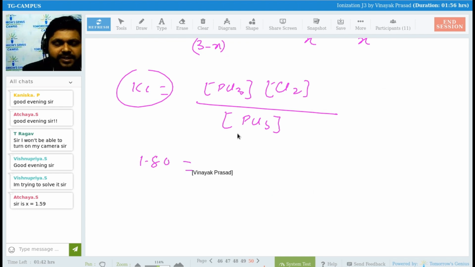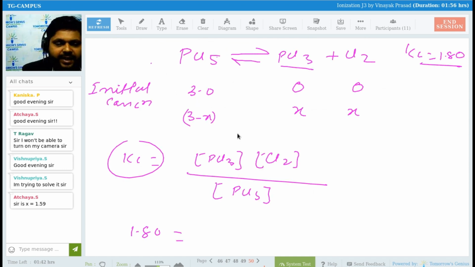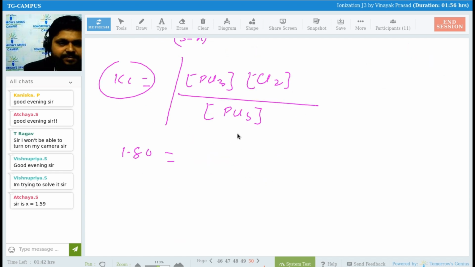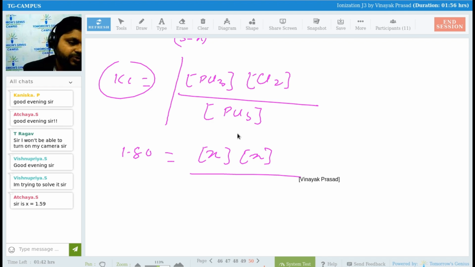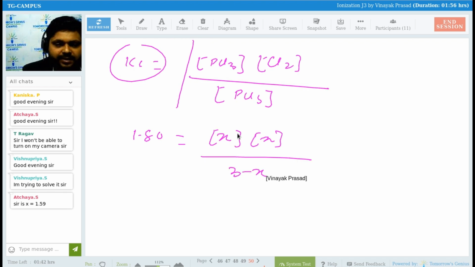1.80 into PCl3 and Cl2. See here. So what you are getting for PCl3? X. And for Cl2 it is X. So you have to take X here. So concentration of X into concentration of X upon PCl5. So you will be taking 3 minus X here, right? Now see this x into x, that will be x square.